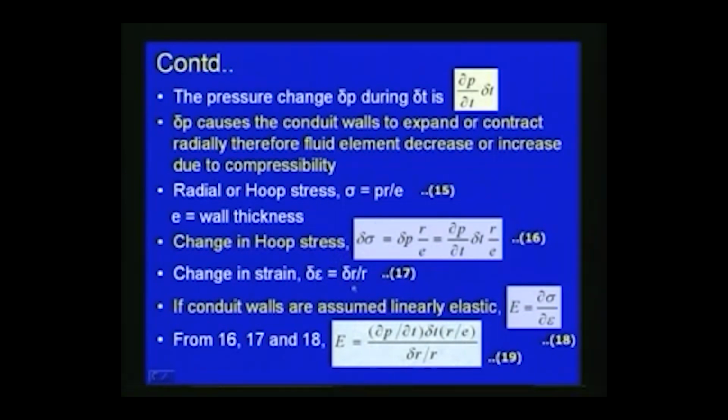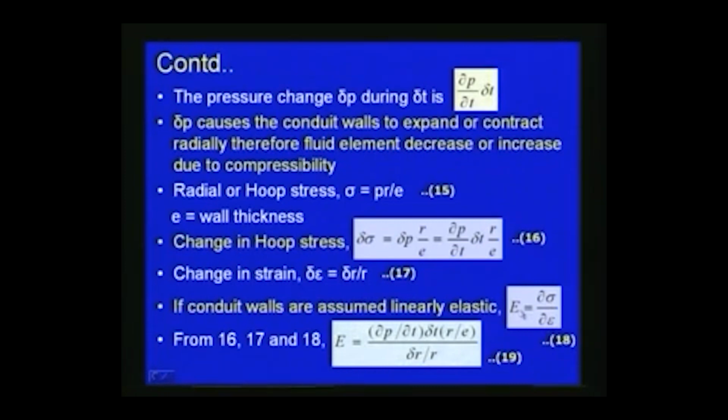So, the change in strain we can write, delta epsilon is equal to delta R by R as in equation number 17, and if the conduit walls are assumed linearly elastic, then Young's modulus we can write as E is equal to del sigma by del epsilon, that means change in stress by change in strain.